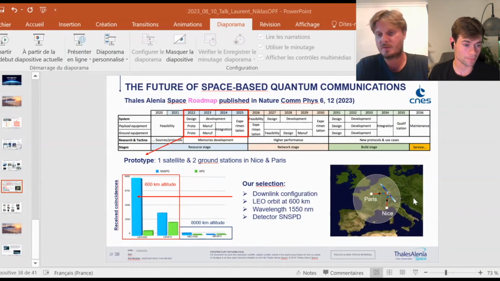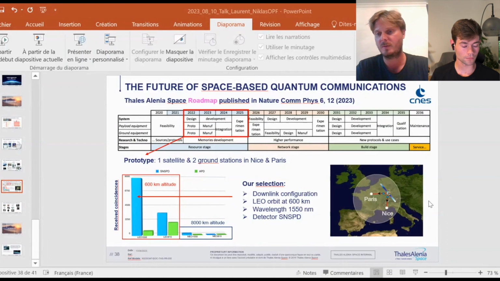Yeah, so typically if you are at too low an orbit, you will not be able to connect Madrid and Berlin, for instance. So at some point, if you want to connect cities that are far away, you have to increase the altitude.